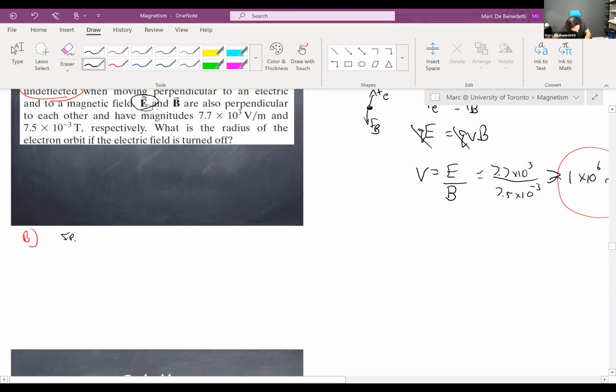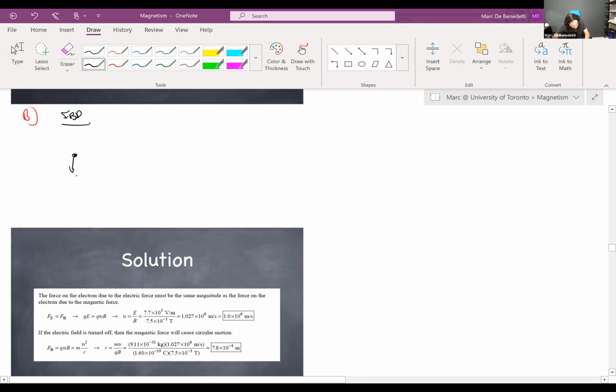If we draw our free body diagram again, if we turn off the electric field, the only force is the magnetic force. And we know from previous lessons that the trajectory of a charged particle moving in a magnetic field will be circular.